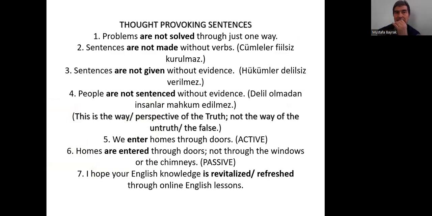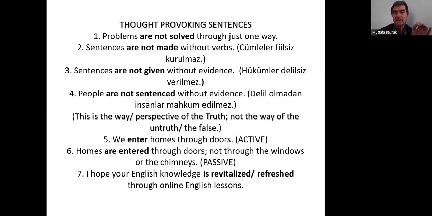But what about 3, sentences are not given without evidence? Yes. 4, people are not sentenced without evidence. People are not sent to prison, for example, without evidence. This is the perspective of the truth, not the way of the untruth, the false.